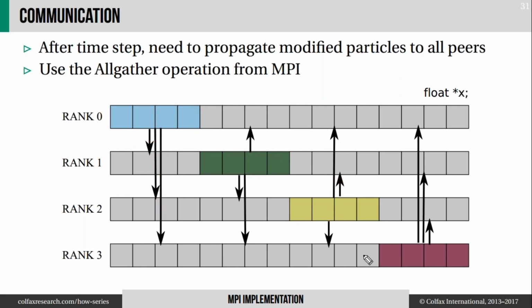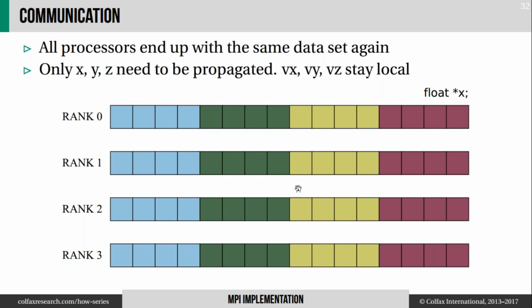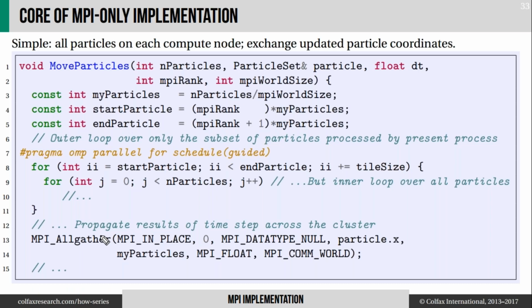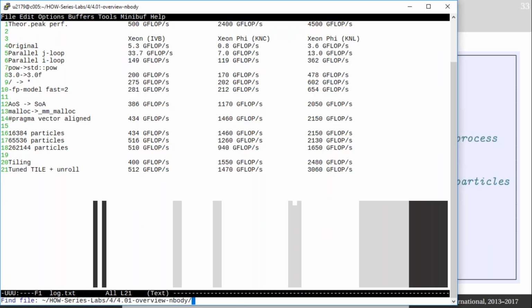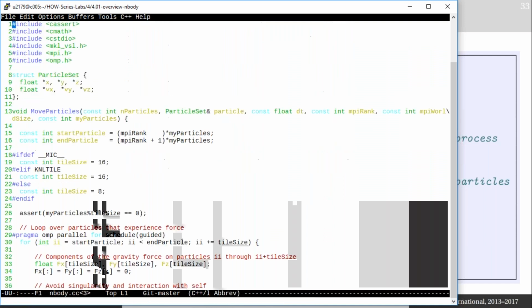Thankfully, MPI contains a collective communication primitive just for that, to synchronize pieces of a larger data set that is scattered across multiple nodes. And that operation is called AllGather. I will now show you the MPI implementation. I will not try to do it live, but you can look it up in instruction 5. And it is quite simple.